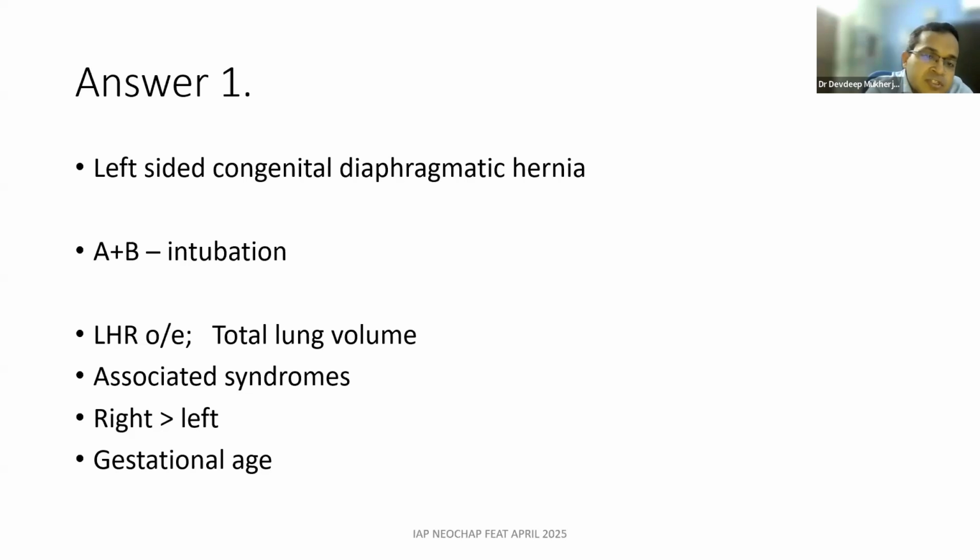The right has a worse prognosis compared to the left. Preterms also carry a worse prognosis. Solid organs in the chest are associated with poorer outcomes. So just saying liver, the left lobe of liver becomes much more important over here. You have to be very specific about what you are writing as answers.